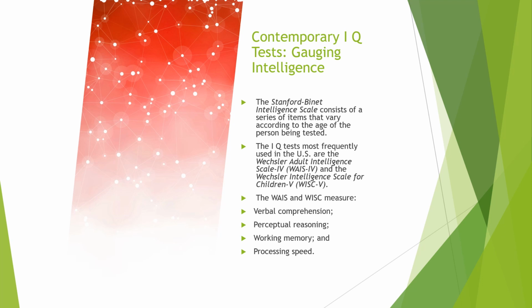Now, you can look in your textbook on page 281, figure 5, and you can see the types of items that are used on the WAIS-4, the Wechsler Adult Intelligence Scale in its 4th edition. Okay, and you can see the types of questions that are asked.